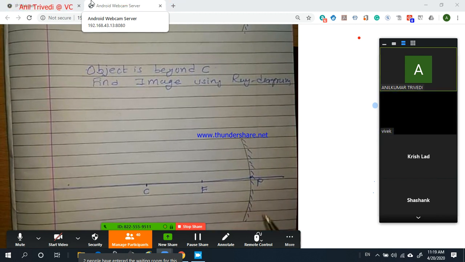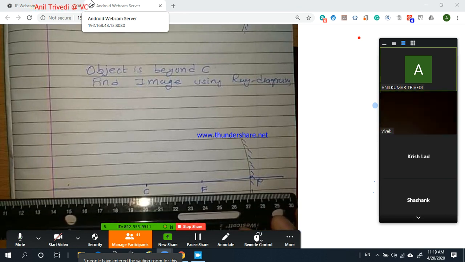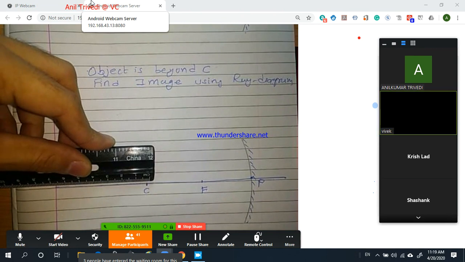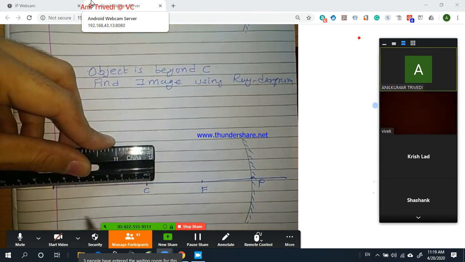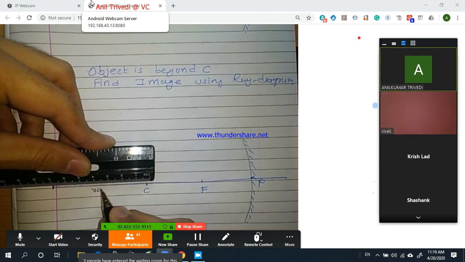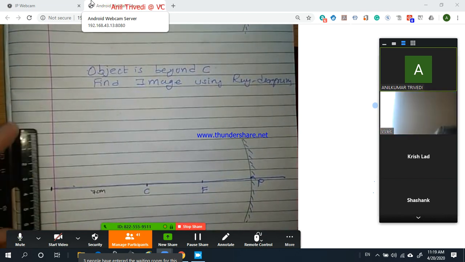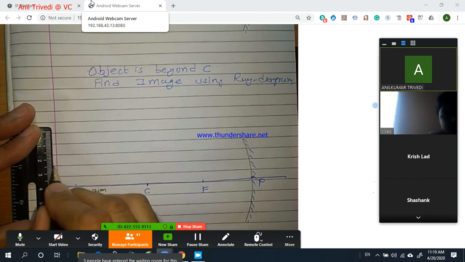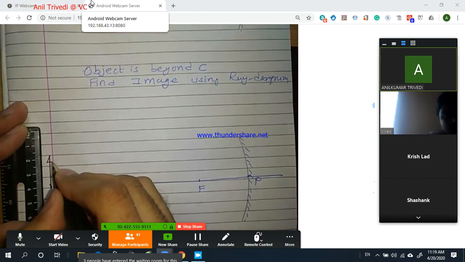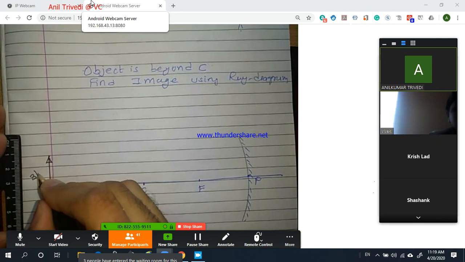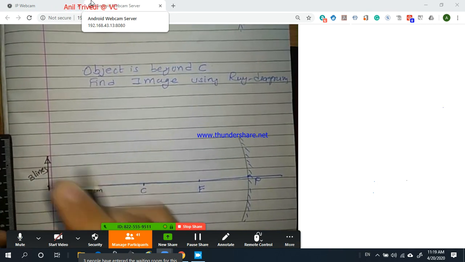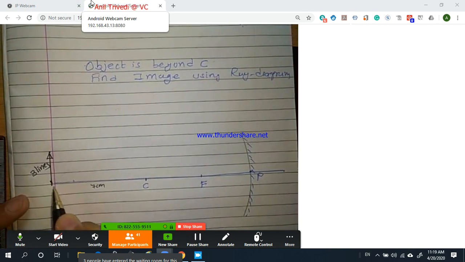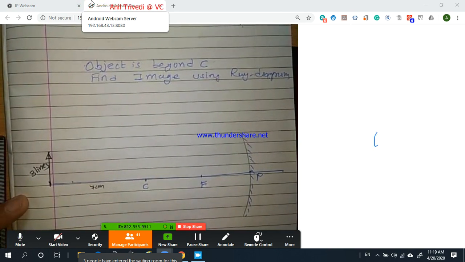I'll draw the object somewhere at 7 centimeter from C. How tall would it be? 3 lines. See, this is the object. So where will you draw the object? 7 centimeter from C.